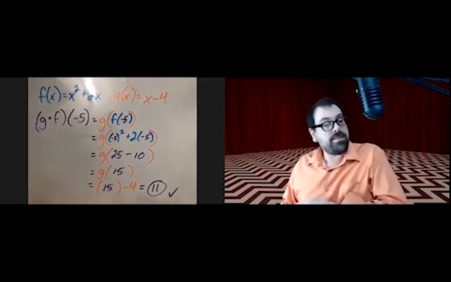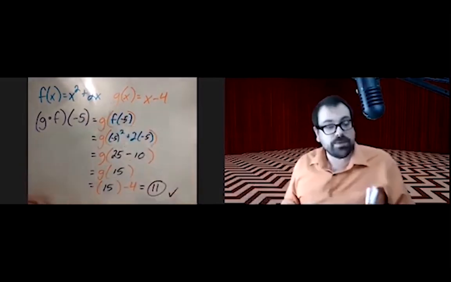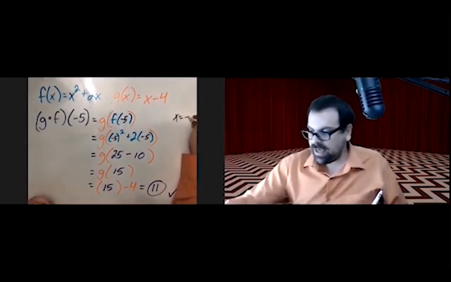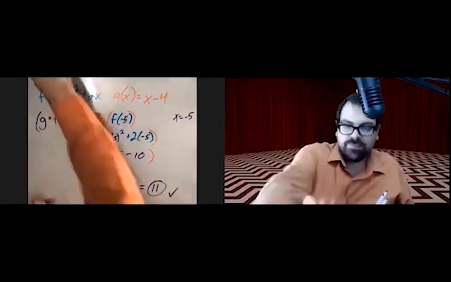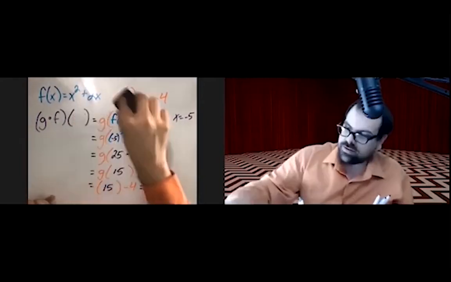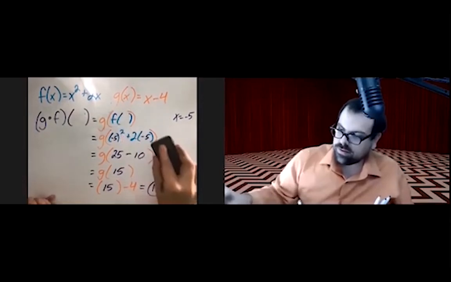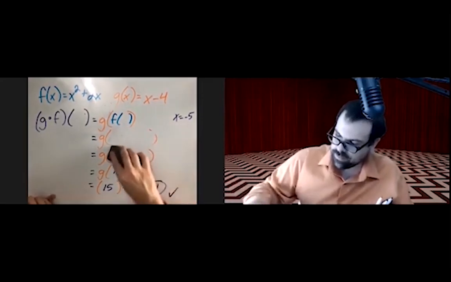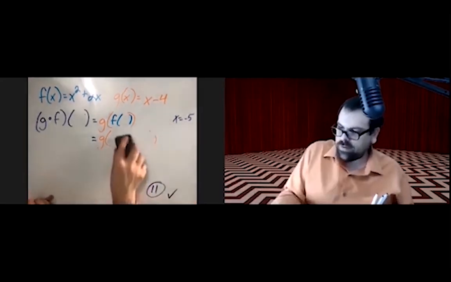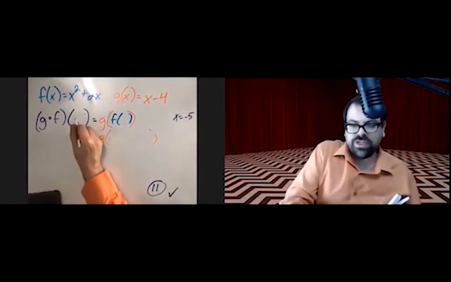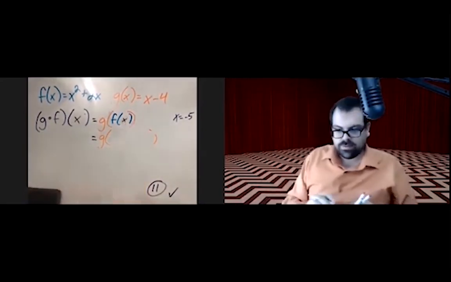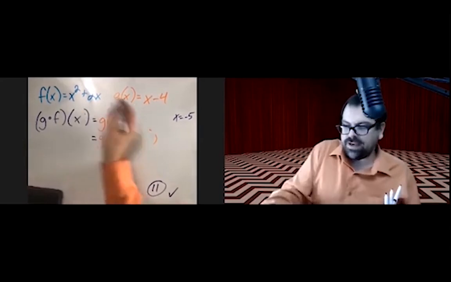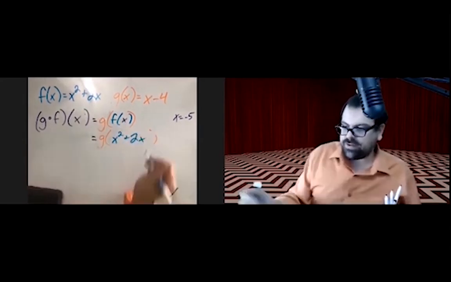Now, how can we get that same answer of 11, but without dealing with the numbers? Well, before we plug in x equals negative 5 to get our answer, we can find G of f of just x. G of what is f of x? X squared plus 2x.